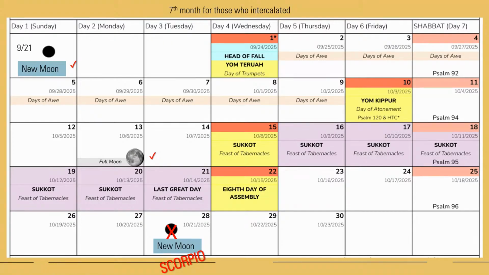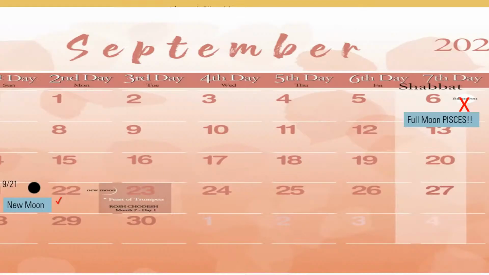Yeah, their moons just don't match. So this is also going to apply for those friends of ours who do the conjunction of the moon or the sliver of the moon, and you can show them the same information. Our moons should be matching the month that we're in. So here we have an example of a 7th month according to those who are following the sliver of the moon.